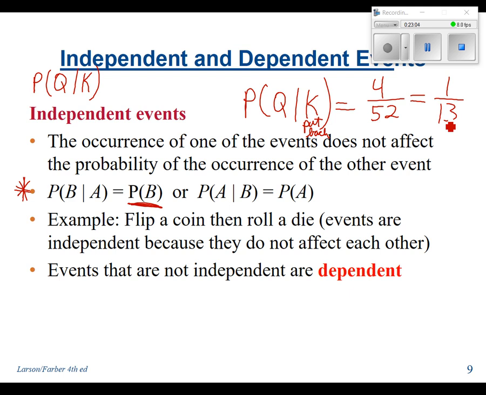A dependent event is like what we said on the other one. If we took the king out and we kept it out, then the probability of getting the queen is dependent on what we drew the first time. Looking at dependent events, this is probably the easiest one to look at.